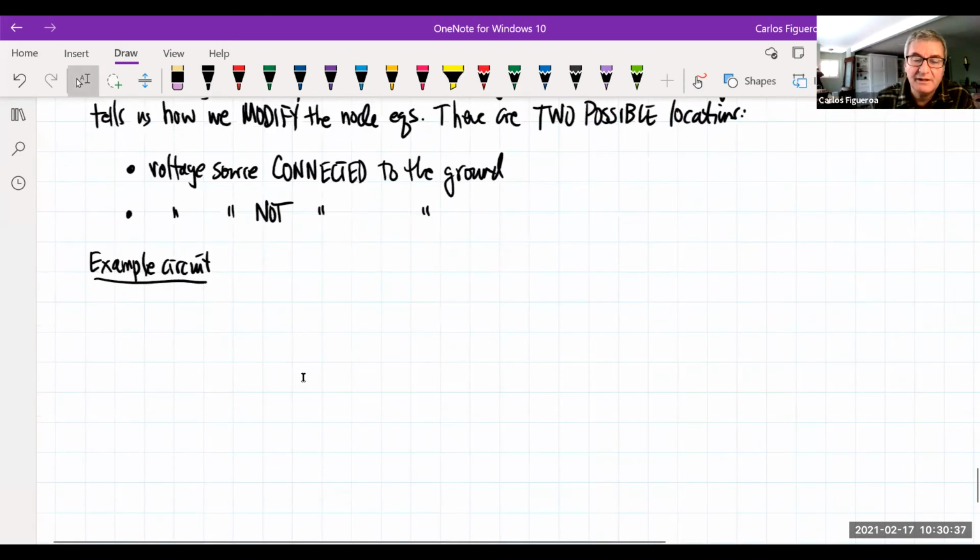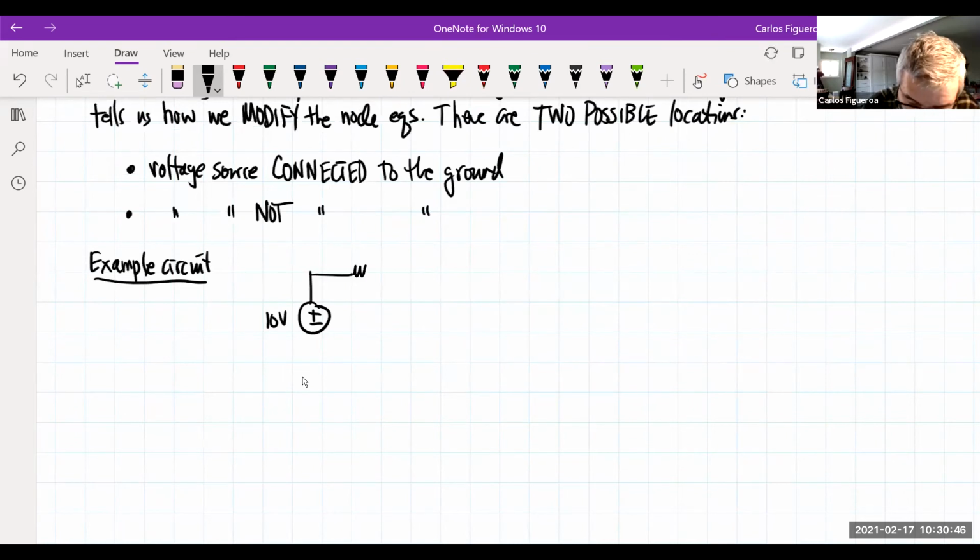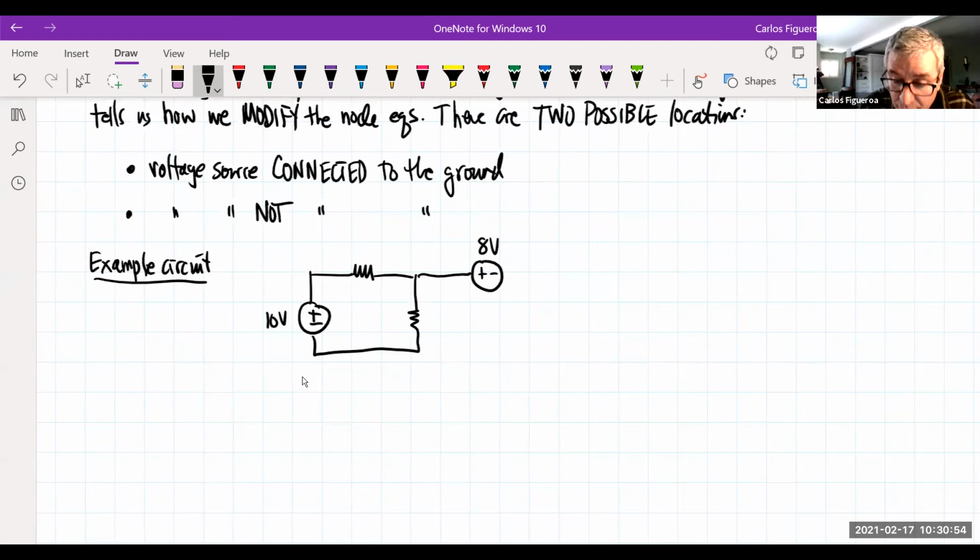So the first thing that I want to do here is consider this circuit right here. So I have a 10 volt source with an 8 volt voltage source like this. So let's say that this is a 10 ohm, 10 ohm, 10 ohm like this.